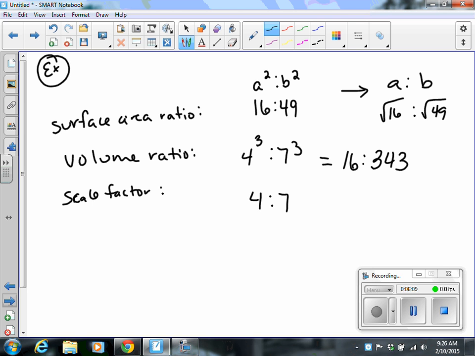For you guys, I'm going to give you two solids. You're going to have to figure out the scale ratio, the surface area ratio, and the volume ratio based on the actual formulas. You will be able to see that if you were to truly use the volume of the first item to the second item, the ratio would be the same.